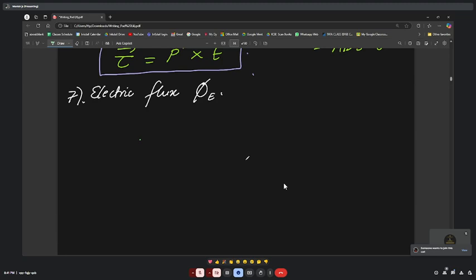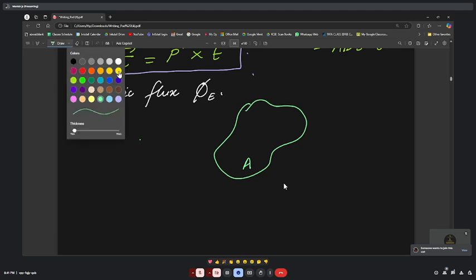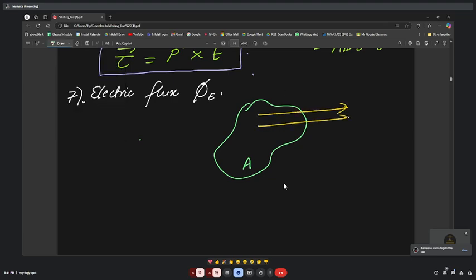It's very simple. Electric flux is defined as the number of electric lines of force passing per unit area. If I'm taking a particular area, say a random area like this, I'll call this area A, some region. The number of electric field lines passing through this particular region, we have so many electric field lines like this, say.